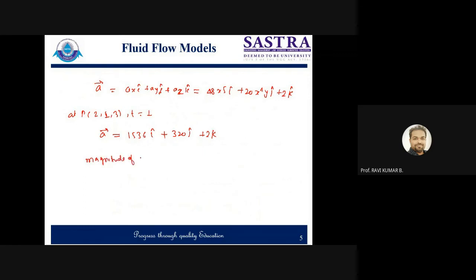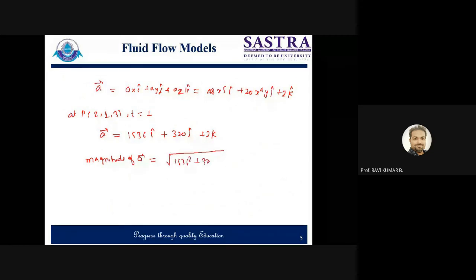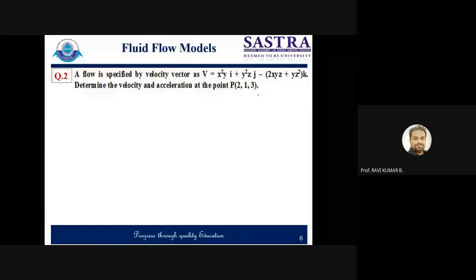Magnitude of acceleration is equal to the square root of 1536 whole square plus 320 whole square plus 2 whole square. Then you can easily find it out. Any doubt in this? No, sir. Okay. Take this problem now. Problem number 2. A flow is specified by the velocity vector. This is given. Determine the velocity and acceleration at point (2, 1, 3).